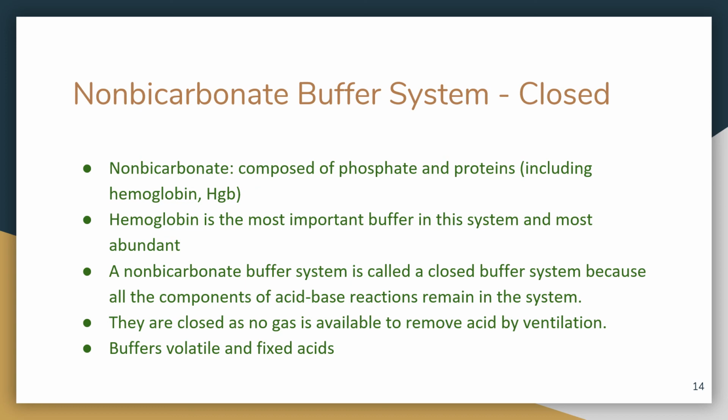A non-bicarbonate buffer system is also called a closed buffer system because all the components of the acid-base reactions remain in the system. Okay, they are closed as no gas is available to be removed, to remove the acid by ventilation. So this buffer is volatile and fixed acids.